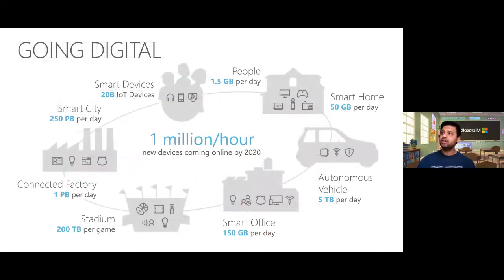Now, if we take a look at the trend today in terms of going digital, we are experiencing about 1 million devices coming online per hour at present. That's quite a lot of devices, and they're not just mobile phones, laptops and tablets, the traditional devices we're used to, but also other devices such as cars.